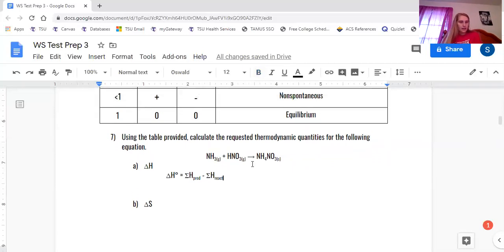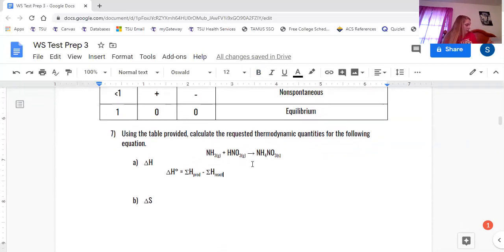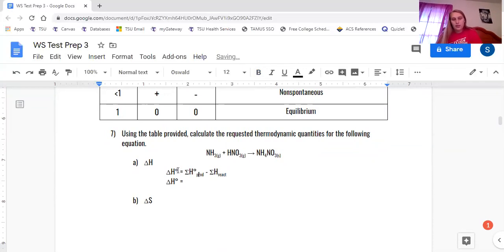So we need to fill that in, and based off of our table, we can go ahead and do that. We're trying to find delta H here. We're going to look at the H naught of the products. I didn't put the naught in there, but that goes on all of them.